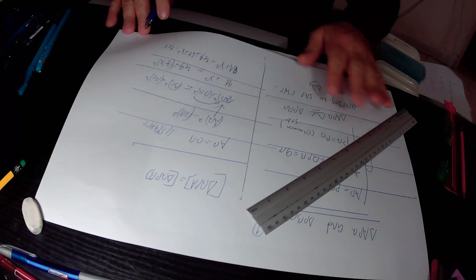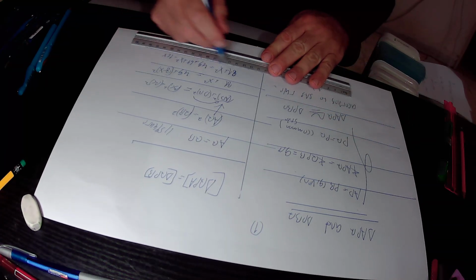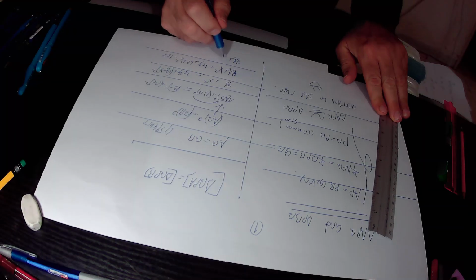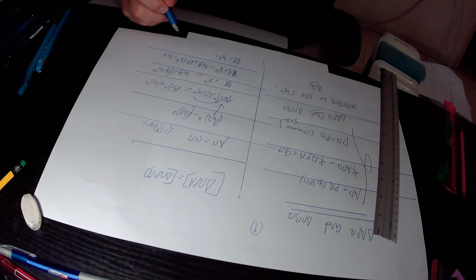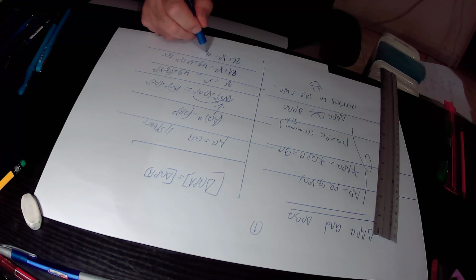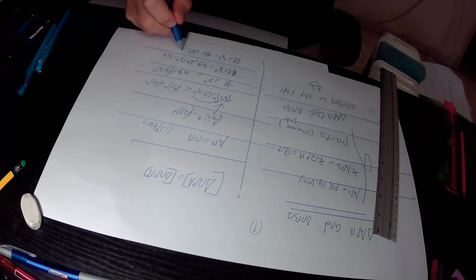So in total we found out that 81 plus x squared equals 49 plus 64, which is 113, plus x squared minus 16x.